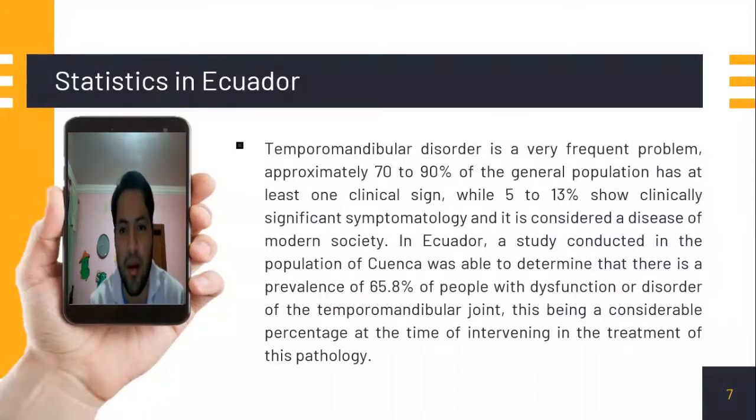In Ecuador, a study conducted in the population of Cuenca was able to determine that there is a prevalence of 16.8% of disorders of the temporomandibular joints. This being a considerable percentage at the time of intervening in the treatment of this pathology.